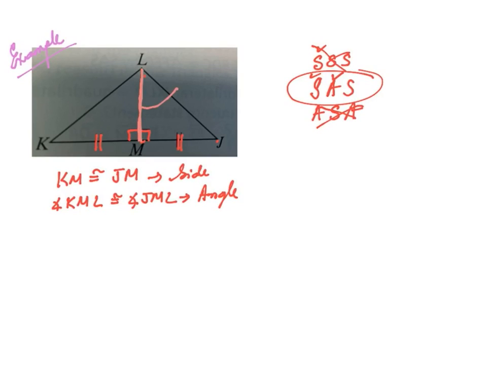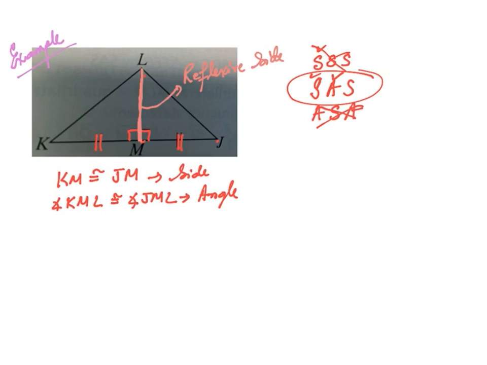This is what we call a reflexive side. A reflexive side tells you they are sharing a side and their measurement is the same. Think of your reflection in the mirror. It is the same if you look in the mirror, just the opposite way.